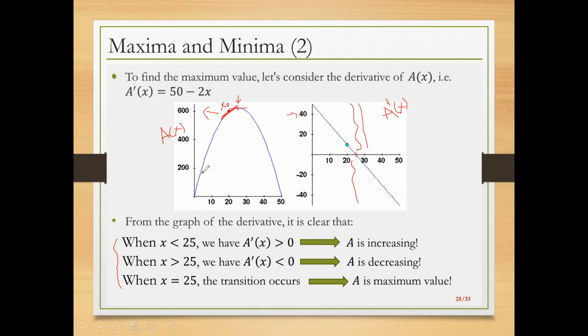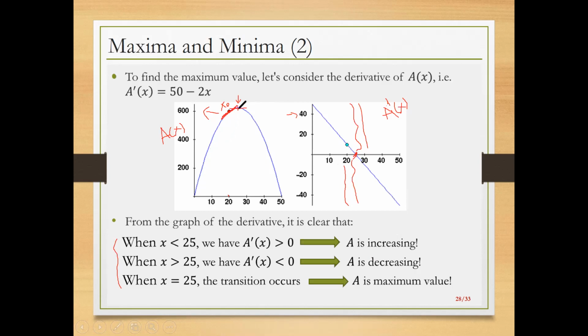And that means our function is increasing. It's going up, up, up, up. For every point after 25, we have a negative slope, which is this part of the graph, and therefore our function is decreasing, which is true. And at the point 25 itself, the slope is 0. We see that this transition takes place, that means the increasing slope starts decreasing.